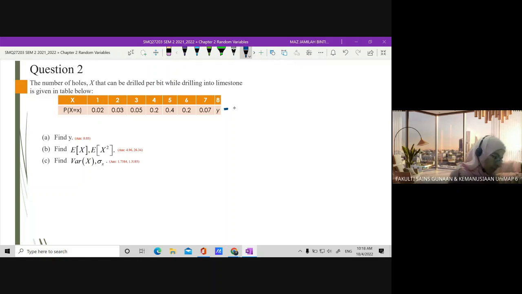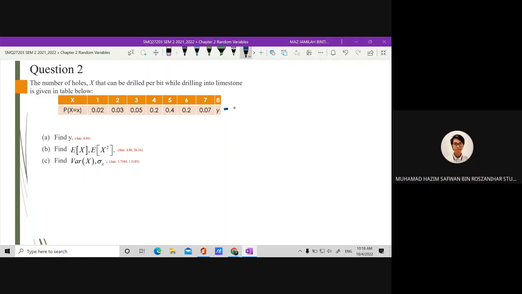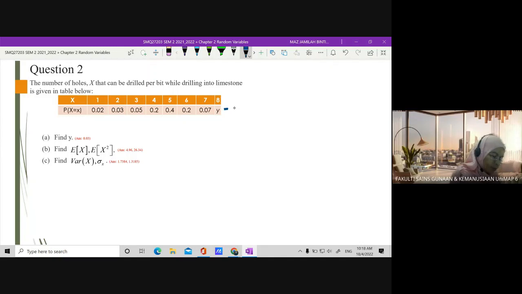I know the answer. How? 0.03. Yes, how to find the 0.03? It will be 1 minus the whole probability value 0.02 plus 0.03 plus until 0.07. So you get 0.03.